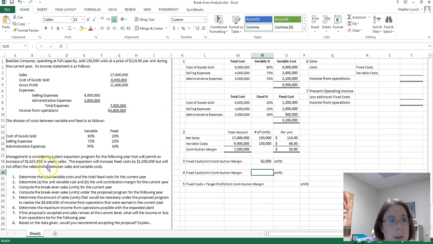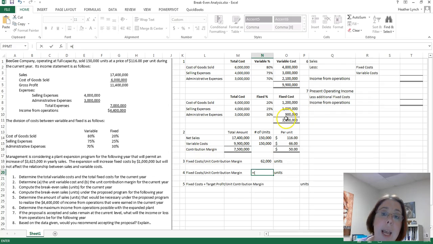Well, if you look on here, the expansion will increase fixed cost by $1 million, but will not affect the relationship between sales and variable cost. So what we have to do here, we have to take our 3,100,000 plus we need to add another million, because by doing this program we are increasing our fixed cost.